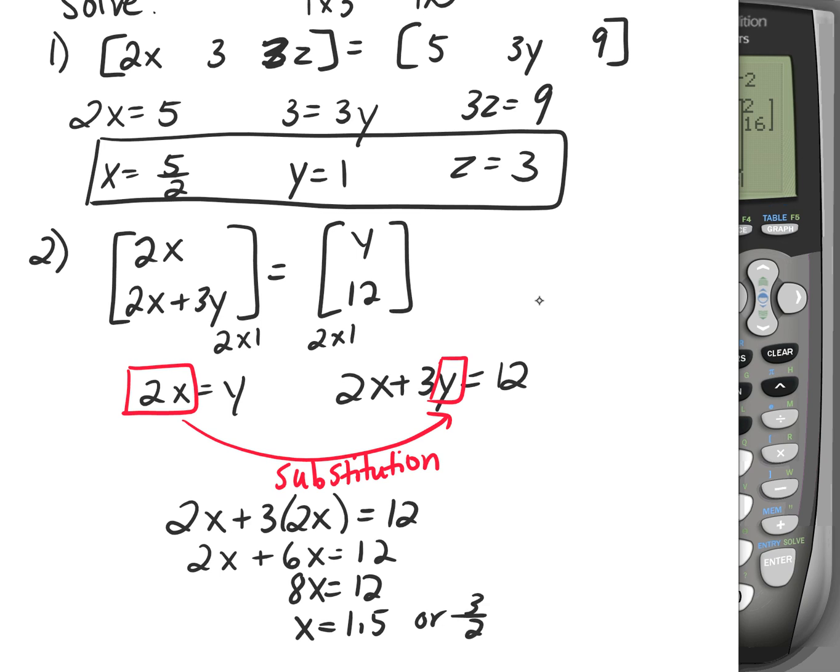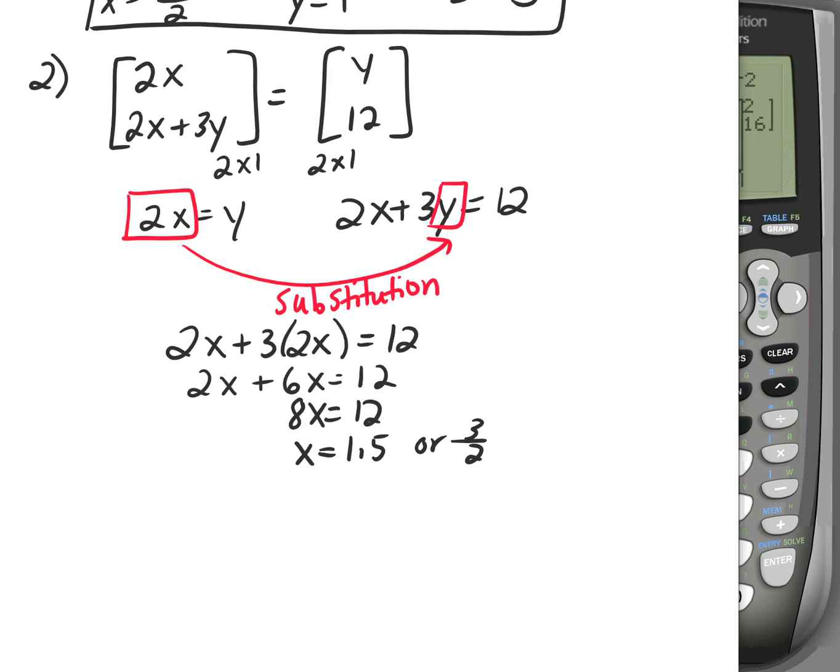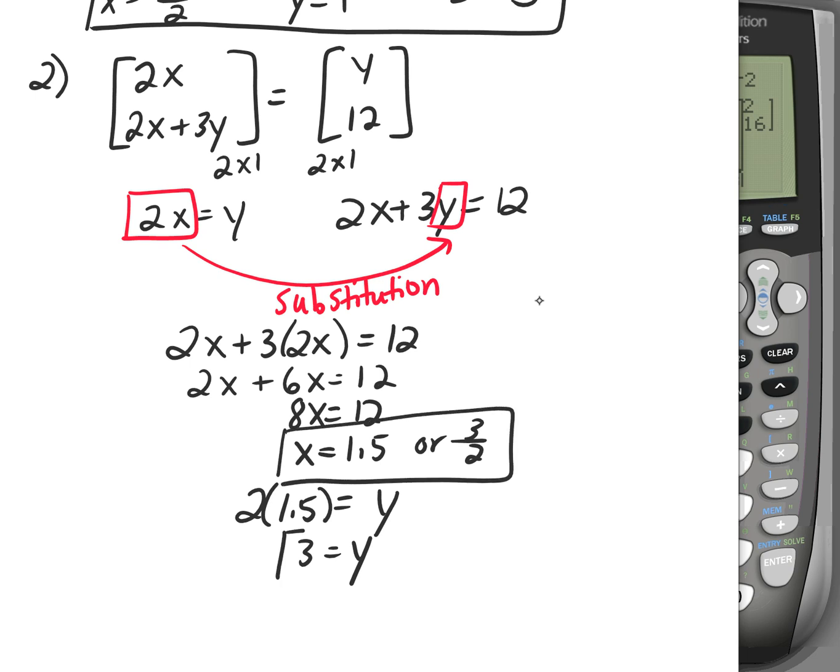Whether you want to work with a decimal or fraction here, it does not matter. And then we would go back and plug in to find the other value. So here, the key is matching up element to element when you're solving the equations. So that is our basic overview of matrices with a little touch of how to plug a matrix in the calculator, and we will be expanding on our different matrix operations and solving throughout this unit.